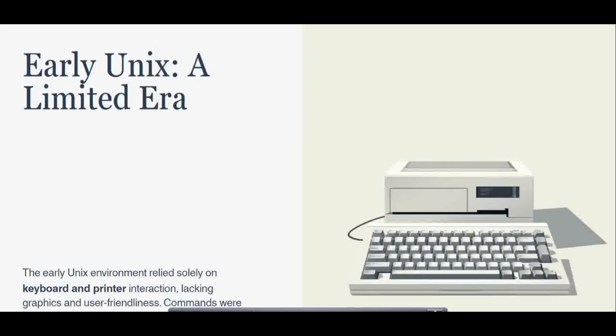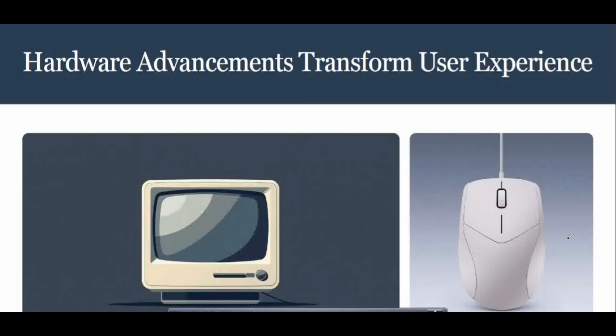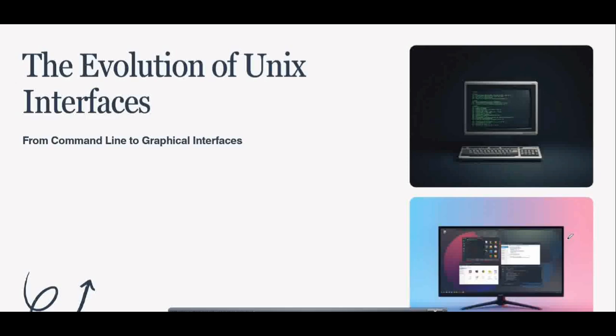Early Unix had only a keyboard and printer, there was no graphics, and it was not very user friendly. Later, hardware improved, screens improved, and mice appeared. So Unix moved to new hardware, added a graphical interface, became easier to use, and still cared about efficiency. So the operating system evolved with hardware.